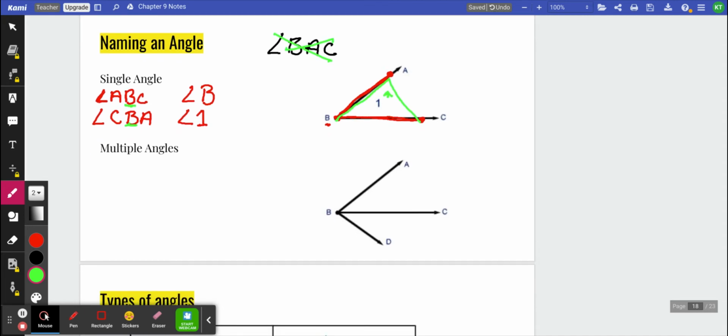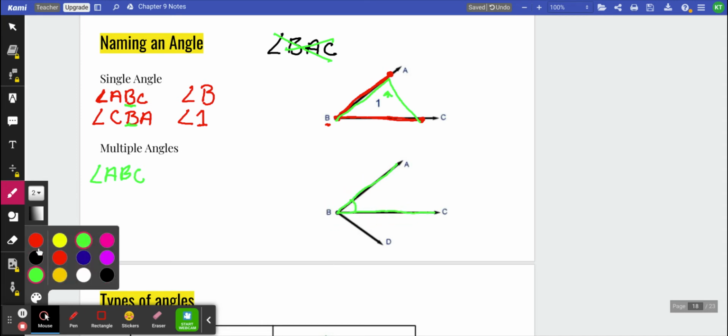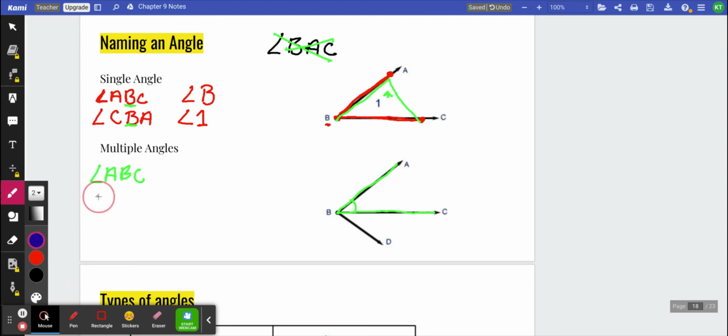When there are multiple angles, for example, I have angle ABC, which refers to this angle right here. Let me use a different color. I have angle ABD. If I do A, B, and come down there, it's referring to that larger angle.